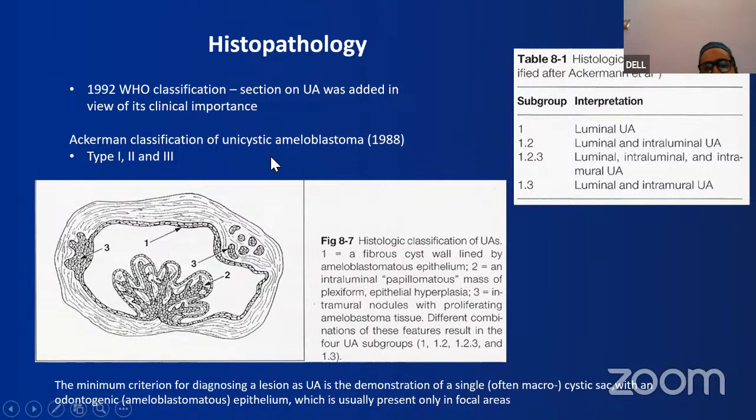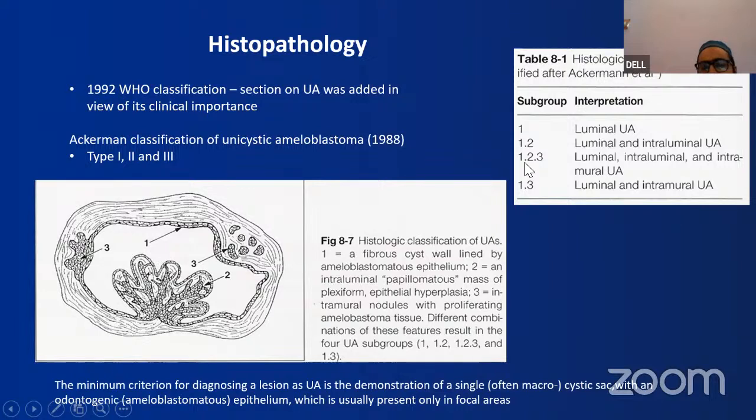And later this classification was modified into the modified Ackermann classification, in which subgroup 1 is luminal, subgroup 1.2 includes both luminal and intraluminal, which is also called plexiform unicystic ameloblastoma.